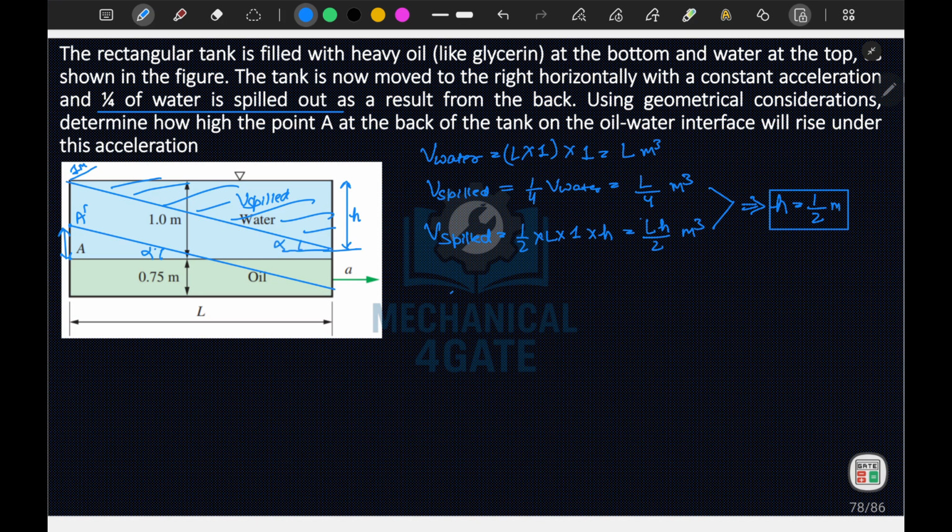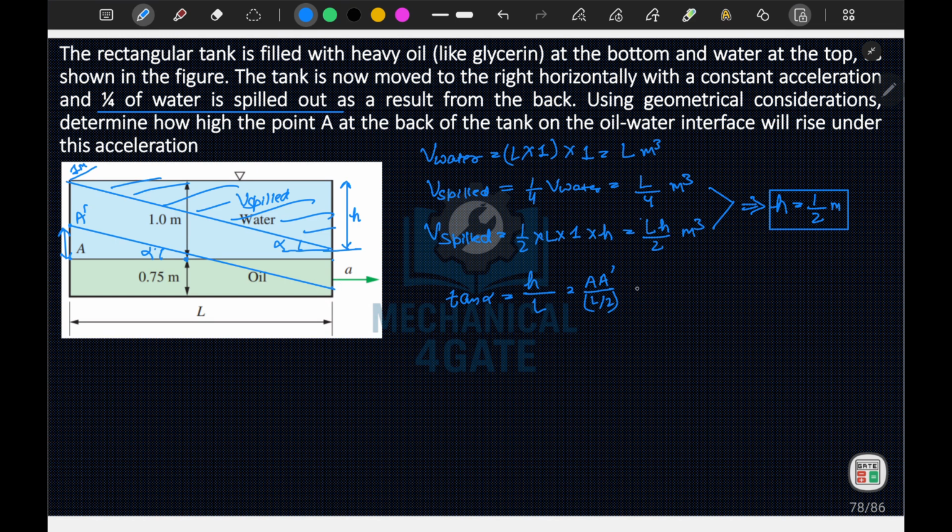So I can say that tan alpha is equal to H upon L, and this is also equal to A dash divided by L by 2, because the rise at this point should be equal to the fall at this level.